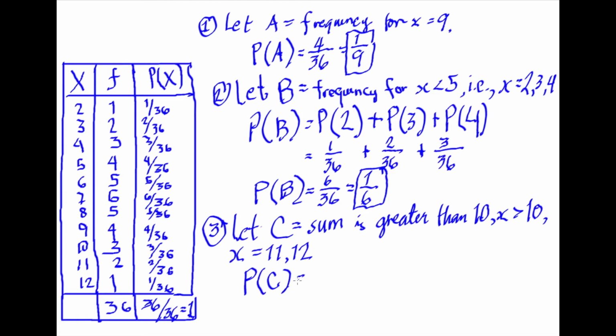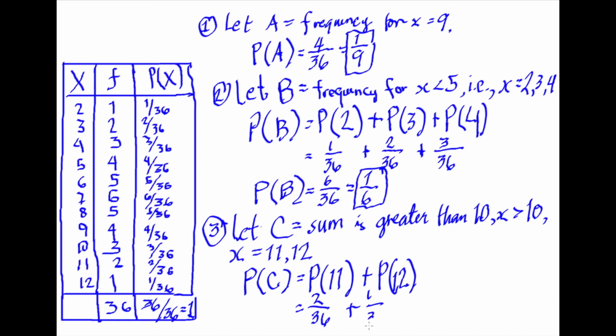That is, we get the values of P of 11 plus P of 12. Let's substitute them. P of 11 is 2 over 36, and the probability of 12 is equal to 1 over 36.